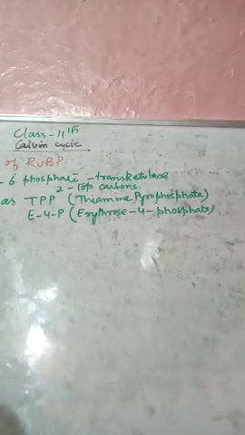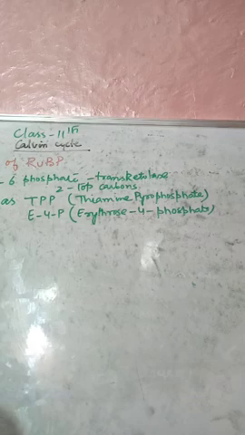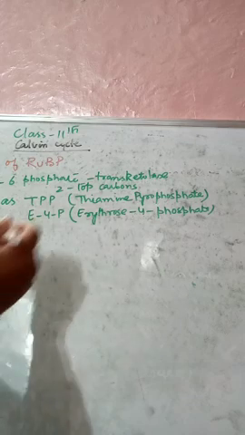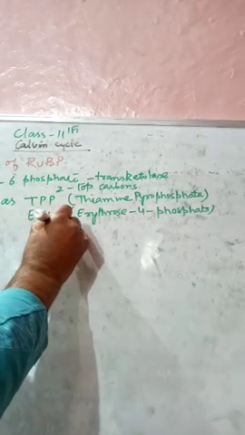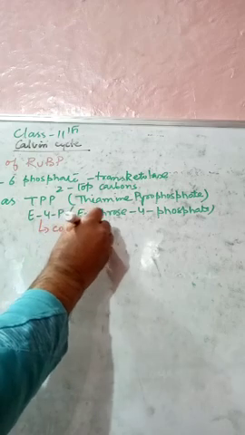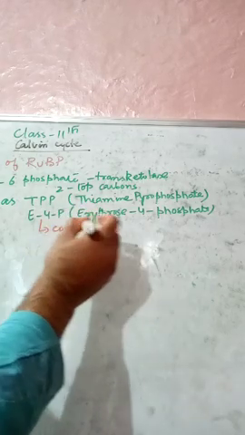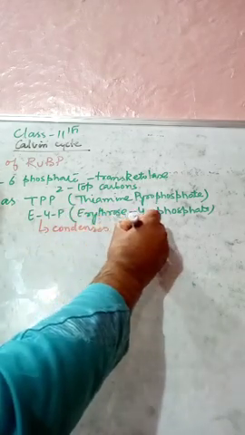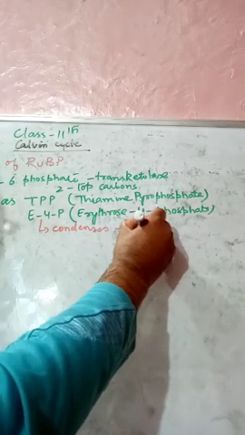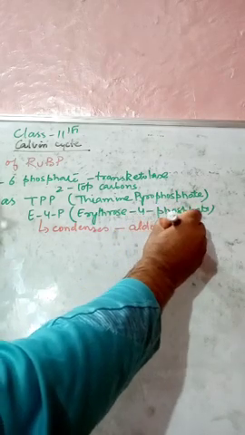Now this erythrose 4-phosphate undergoes condensation. It condenses by one more reaction, that is called the aldolase reaction.